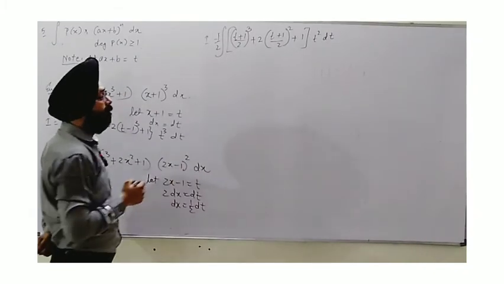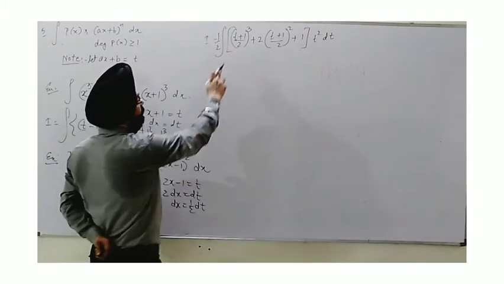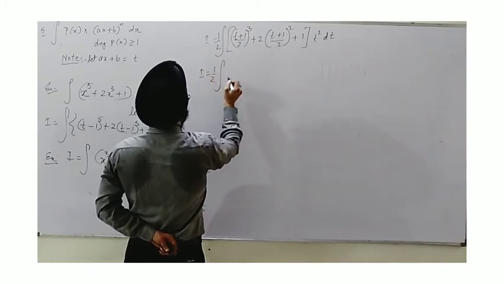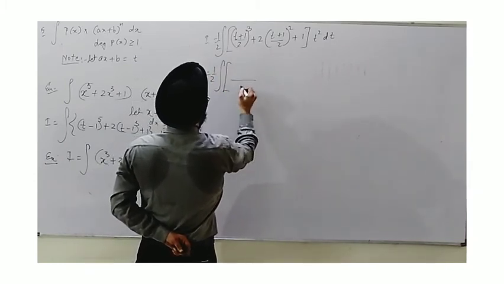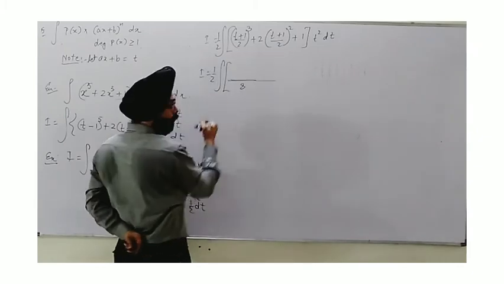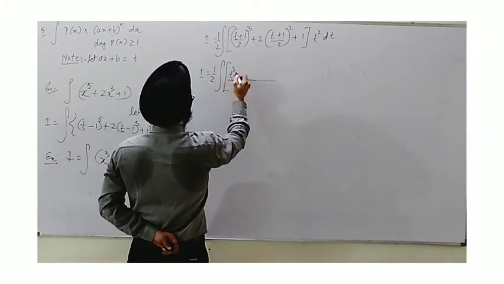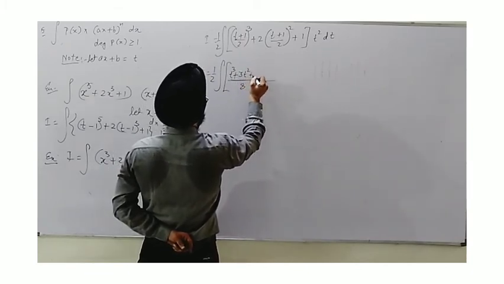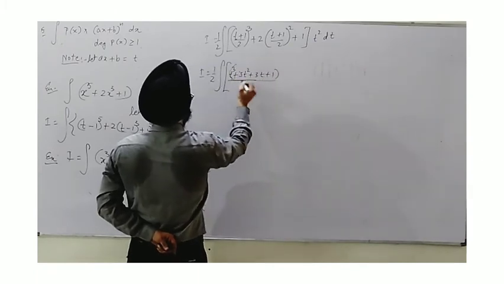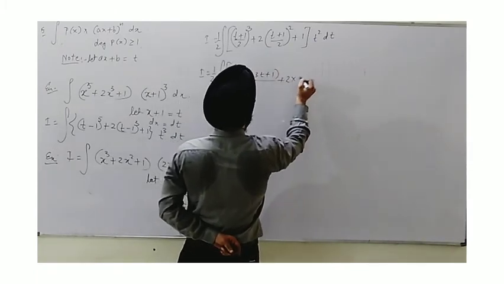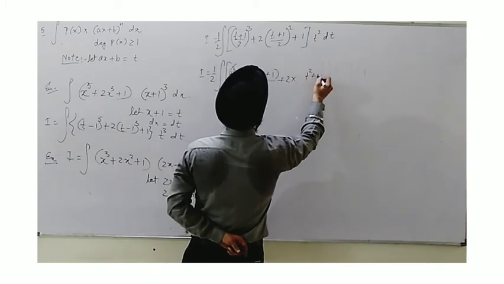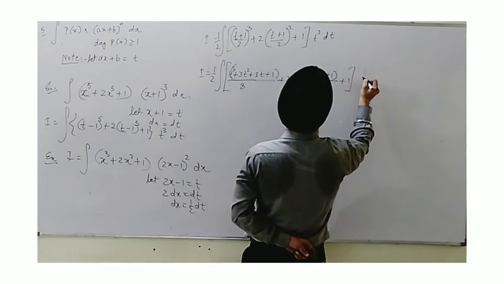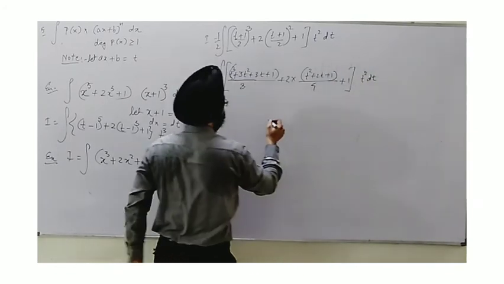Now the rest we have to expand using identities: a plus b whole cube and a plus b whole square. So we get 1 upon 2, and the denominator is 8. Here we can apply (a plus b) whole cube, so this becomes t cube plus 3t square plus 3t plus 1, plus 2 into (t square plus 2t plus 1) by the (a plus b) whole square formula, upon 4, plus 1, times t cube dt.